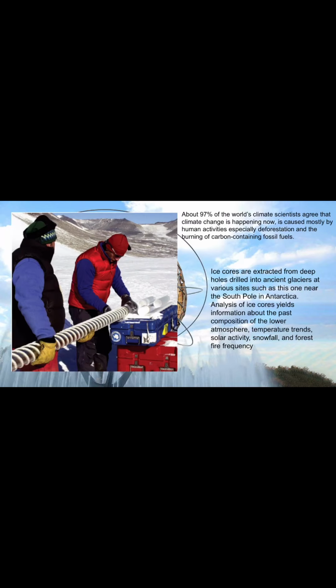The picture shows scientists extracting ice cores from deep holes drilled into ancient glaciers at various sites, such as this one near the South Pole in Antarctica. Analysis of these ice cores yields information about the past composition of the lower atmosphere, temperature trends, solar activity, snowfall, and forest fire frequency.